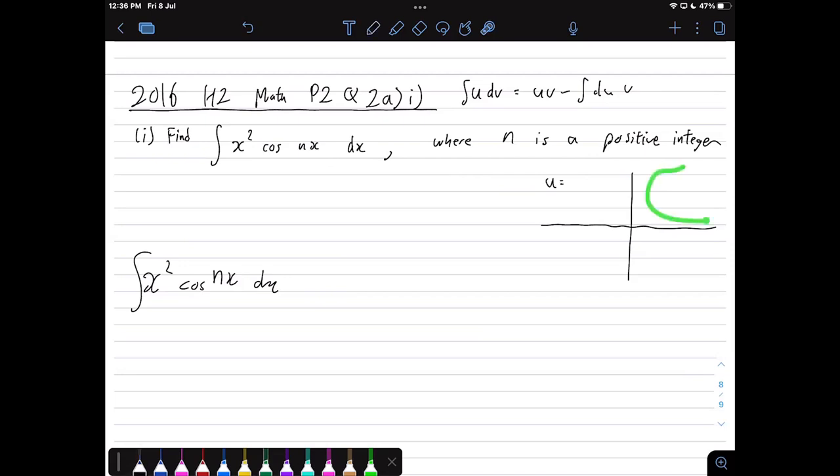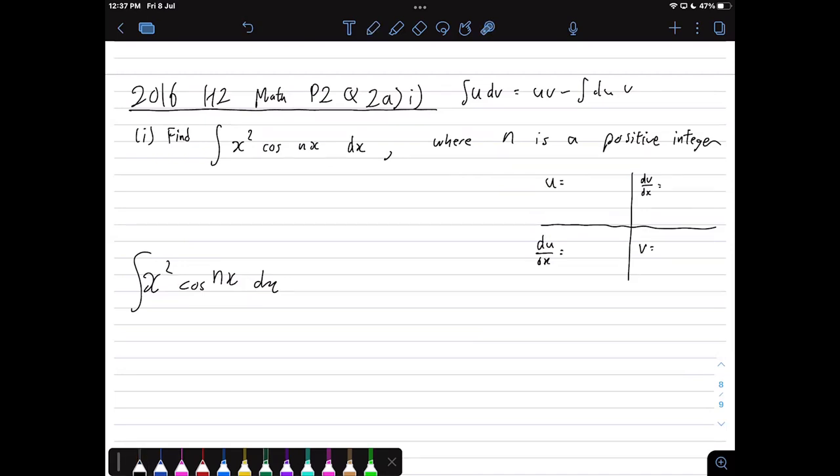Top right corner: dv by dx. Always dv by dx. Always have a dx at the bottom. So once you have u at the top, what's at the bottom? du by dx. And the last one? Just v.